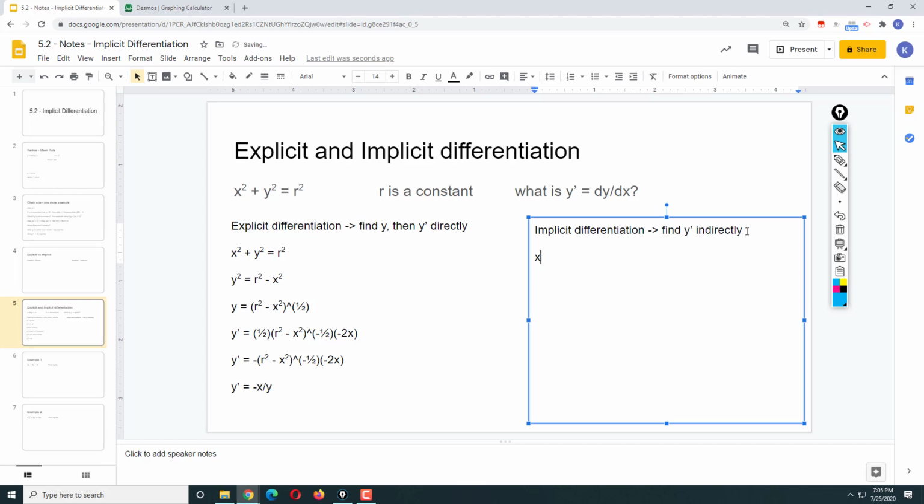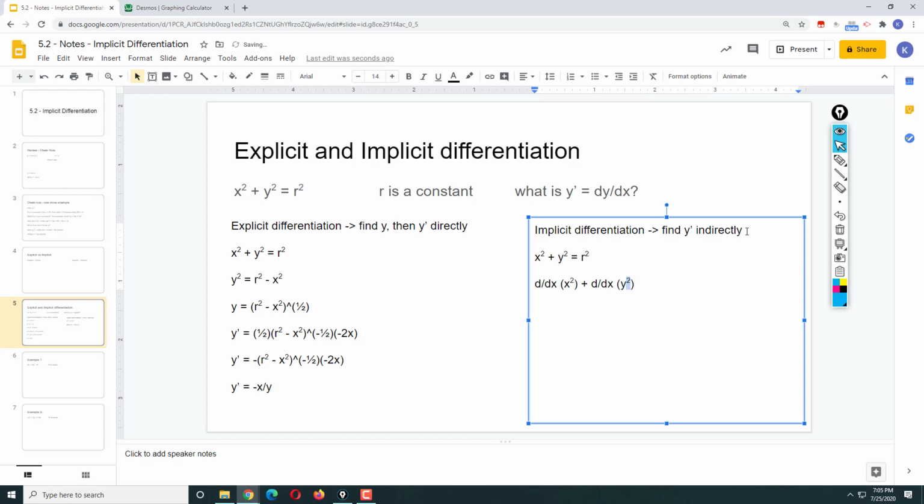We have x squared plus y squared equals r squared. Implicit differentiation means we can just take a derivative of each term. So the derivative of x squared with respect to x, that's the first term, plus the derivative of y squared with respect to x.